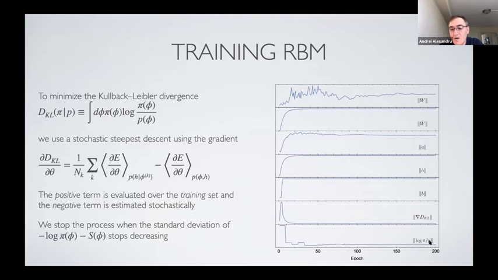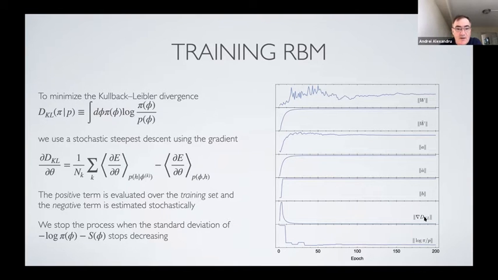So you can compute how much tension you have between the pi distribution and the p distribution over the training set, and hopefully this also gets minimized, and you can see that this also changes very rapidly and then stabilizes. We monitor this quantity to decide on a stopping criterion, but you can obviously place a stopping criterion based on the gradient of the Kullback-Leibler divergence too.